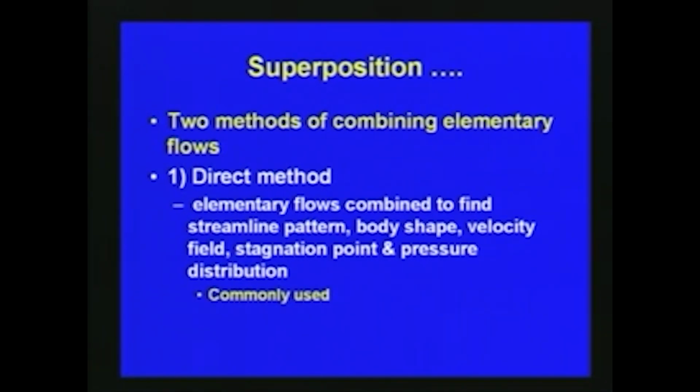We directly superpose the various parameters, like the stream function and potential function. So the elementary flows are combined to get the streamline pattern, body shape, velocity and all other parameters. This direct method is most commonly used.